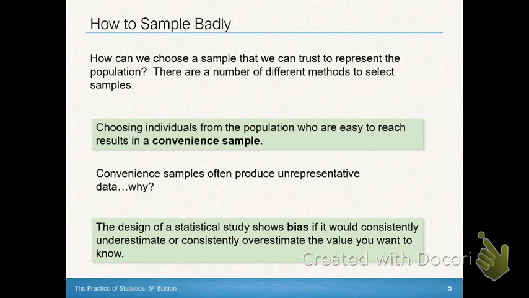Otherwise, you get bias in your results, which means that the answer you get from your survey doesn't match the true answer. So maybe you asked all of your first block classes and they said, on average, we take 8,000 steps per day. But if you were to really look at everyone, that number could possibly be different, more or less than 8,000. That would be bias.